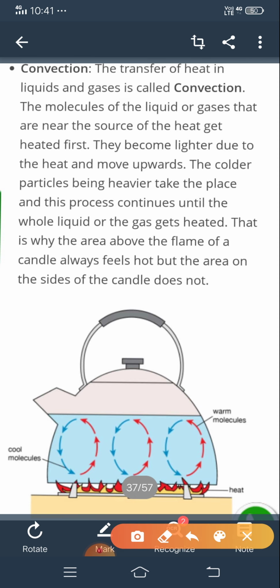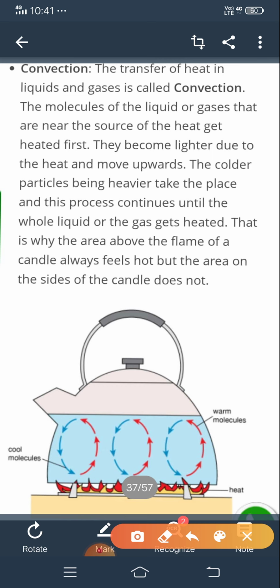Okay. The molecules of the liquid or gas that are near the source of heat get heated first. They become lighter due to the heat and move upwards. The colder particles, being heavier, take their place, and this process continues until the whole liquid or gas gets heated.